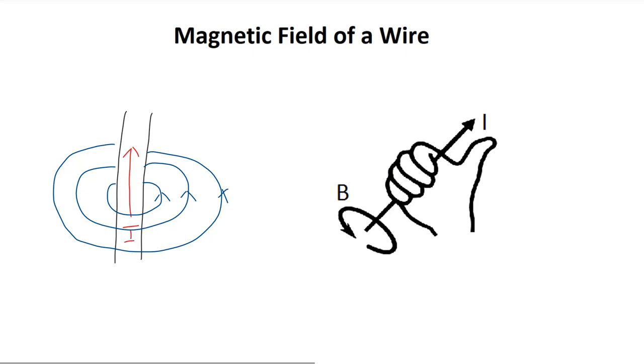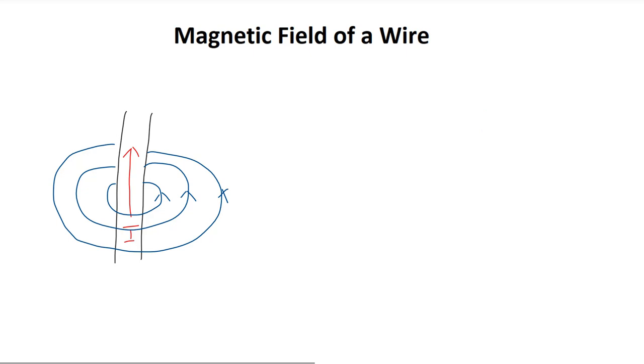Your thumb is pointing in the direction of the current, and the direction of your fingers are pointing in the direction of the magnetic field. They are wrapping around in a counterclockwise fashion. If you instead give yourself a thumbs down with your right hand, then your fingers are pointing clockwise. They are wrapping around in a clockwise fashion. That would be the direction of magnetic field lines if the current was instead pointing down.